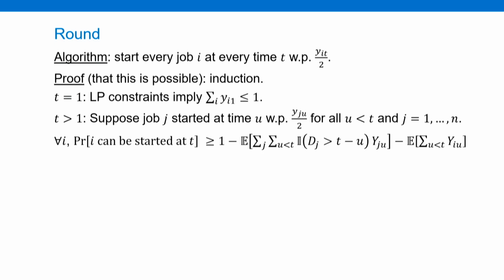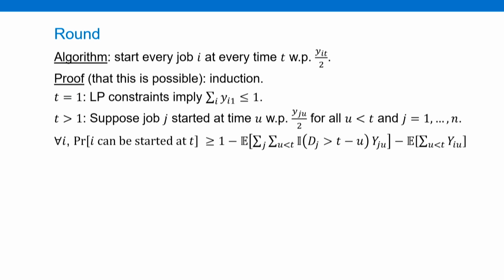The argument is now to consider any job i that I'm trying to start at time t. I'm going to try to lower bound the probability that I can start i at time t. So what can block me from being able to start i at time t? Well, there are 2 bad events. The first is that the server is busy at time t.